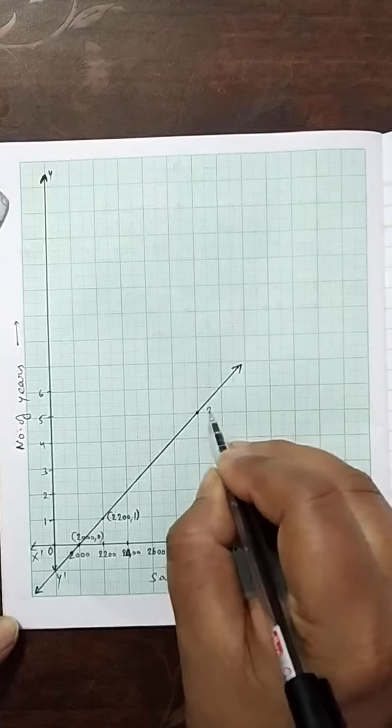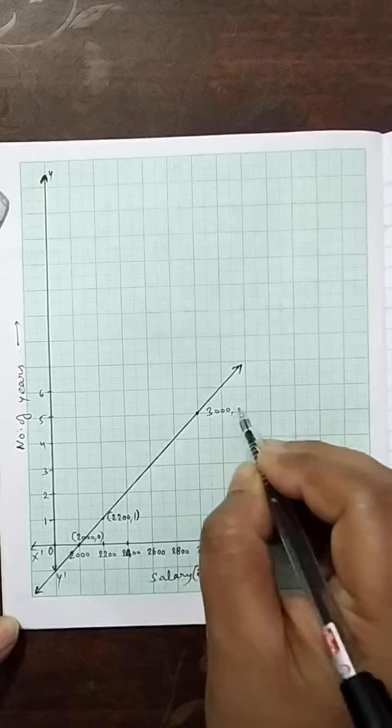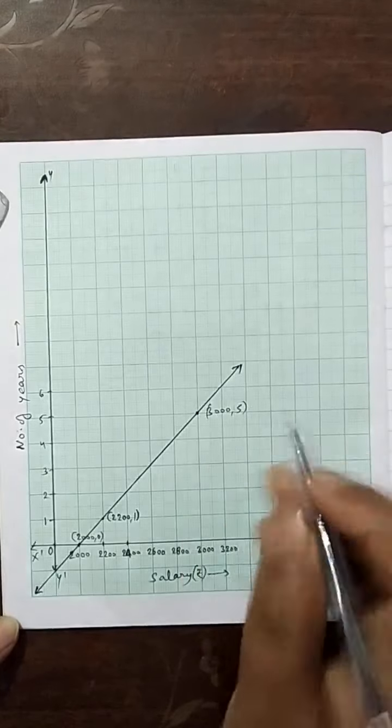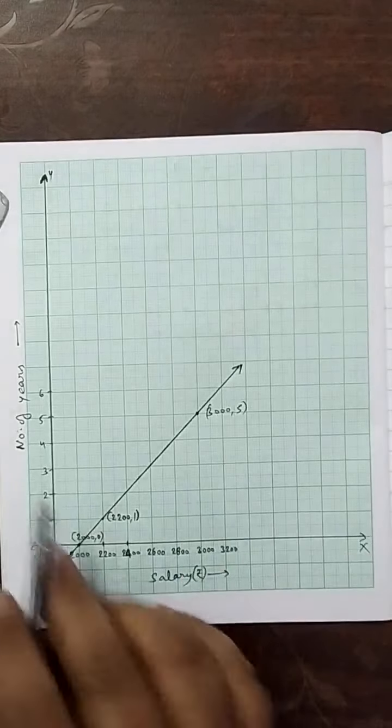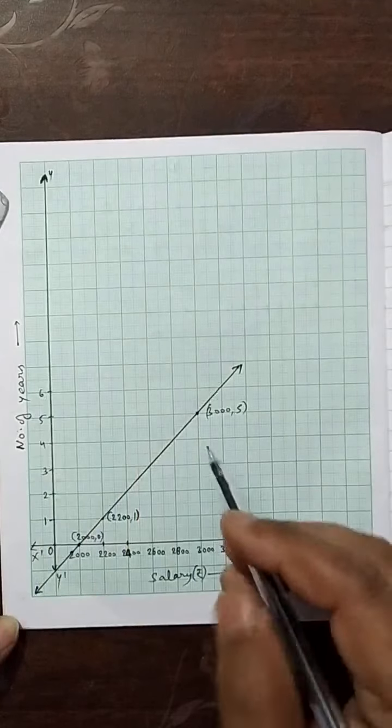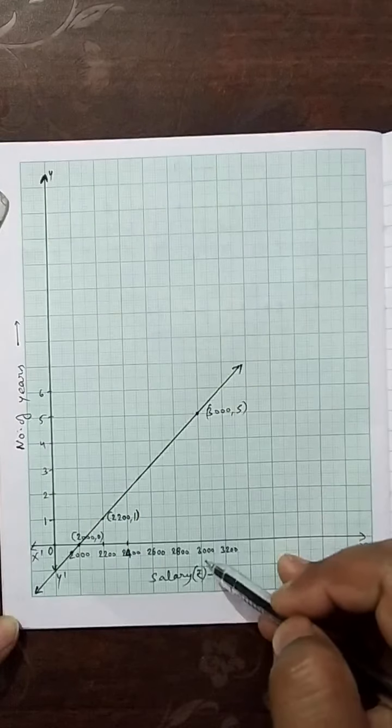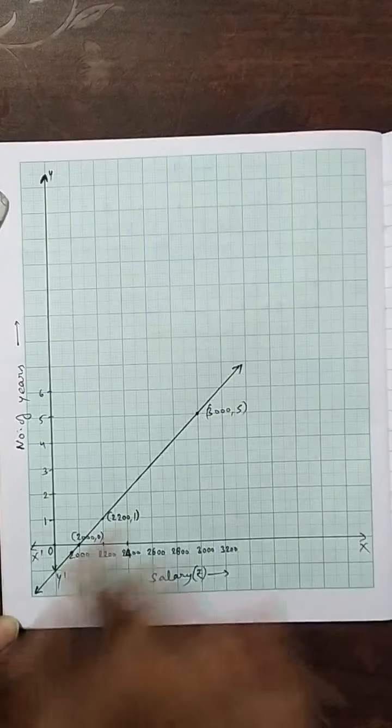So we can write here 3000 comma 5. So on the 5th year his salary will be rupees 3000. So I will mention that here in our table.